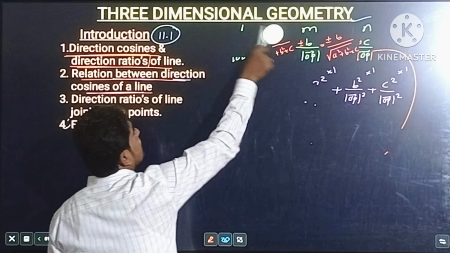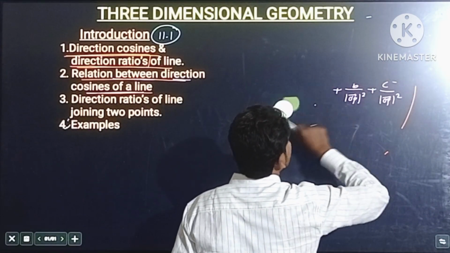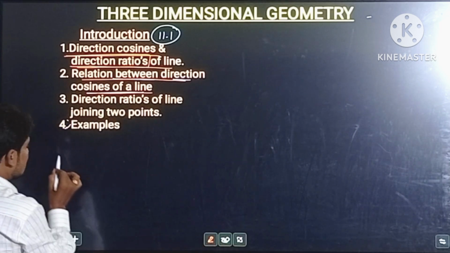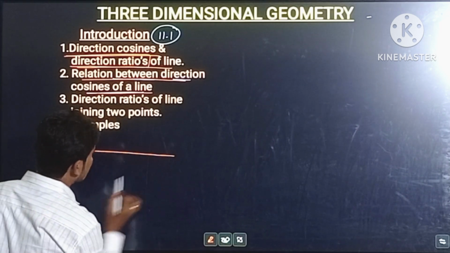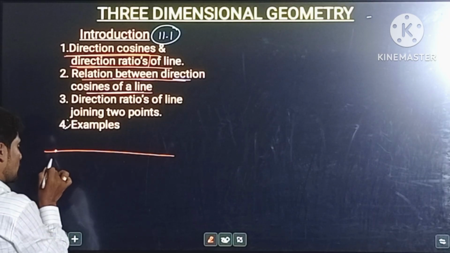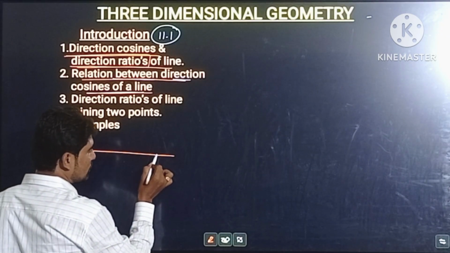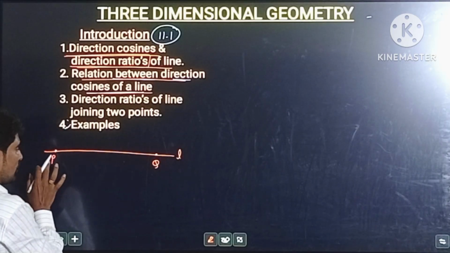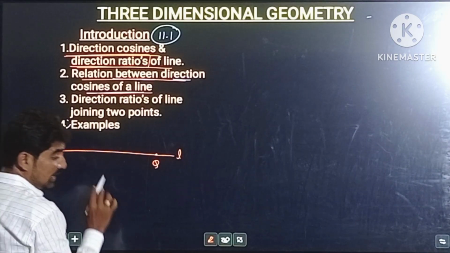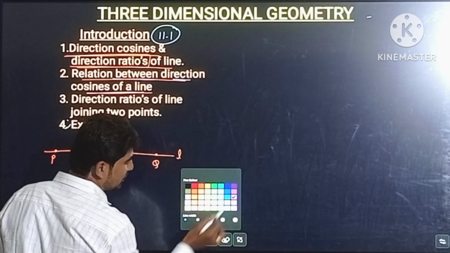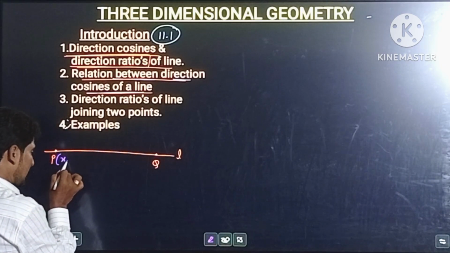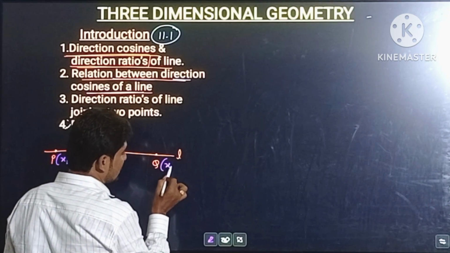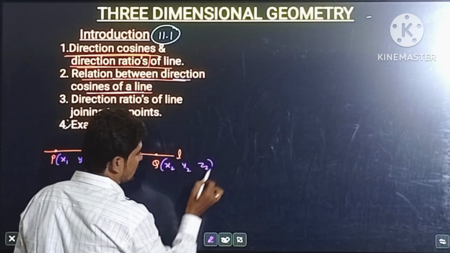To identify the direction ratios of the line joining 2 points, let us consider a line L which is a line segment joining the points P and Q. The coordinates of the point P are x1, y1 and z1, and the coordinates of the point Q are x2, y2, z2.